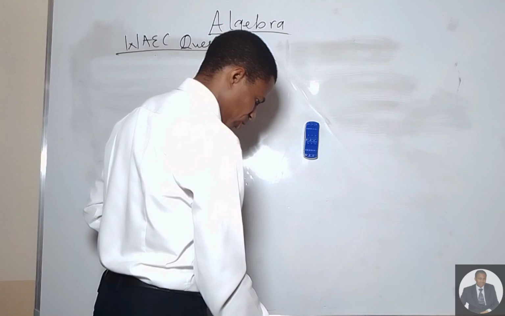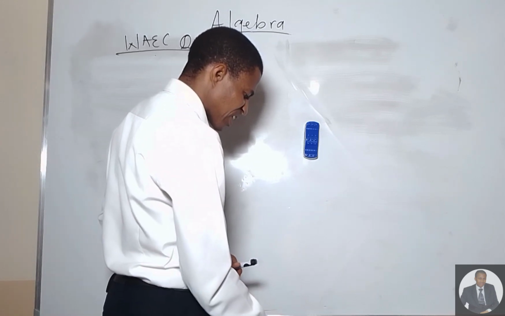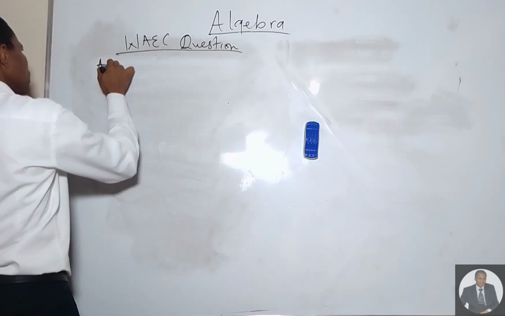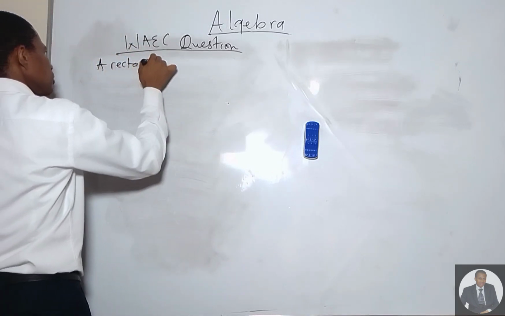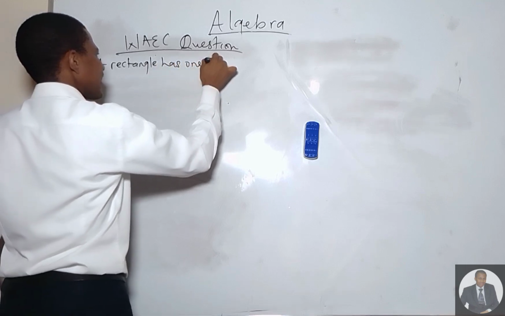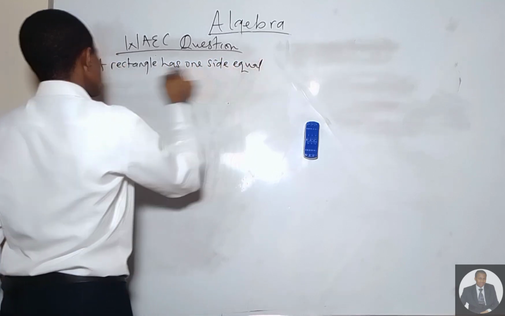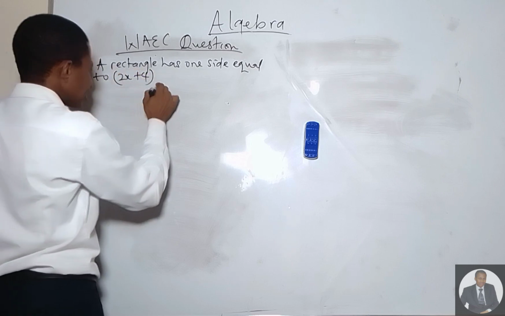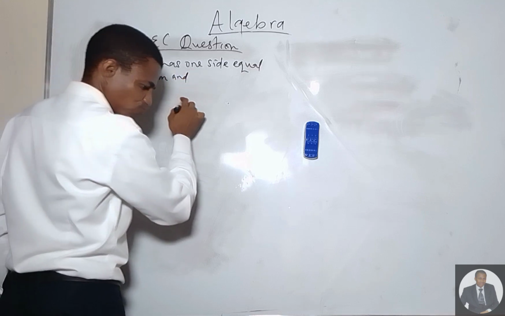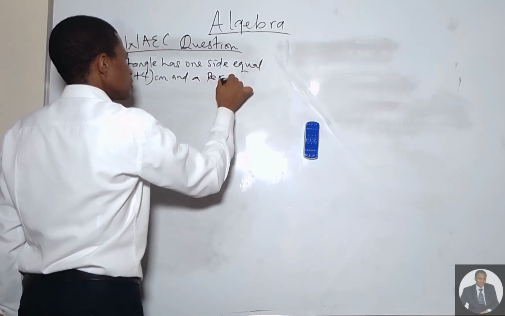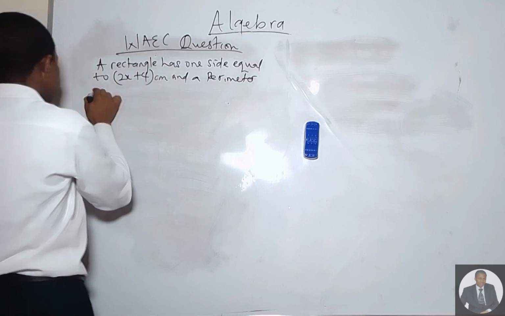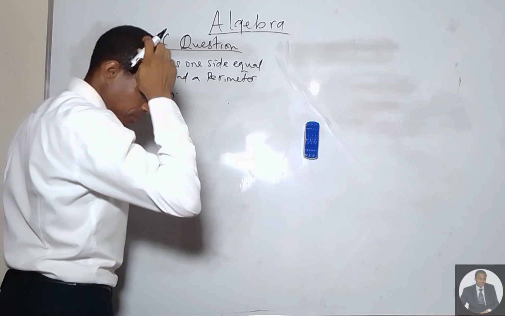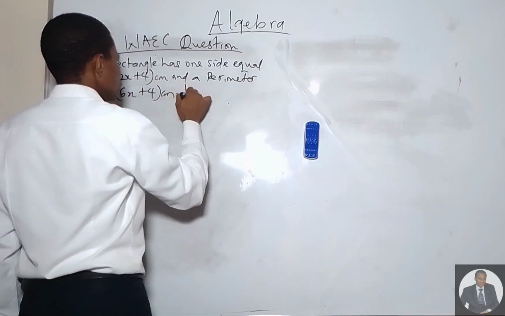Another WAEC question. A rectangle has one side equal to 2x plus 4 centimeters and a perimeter of 6x plus 4 centimeters.